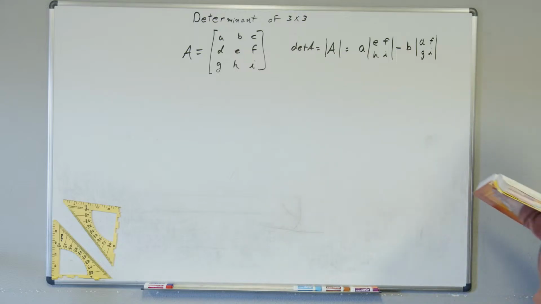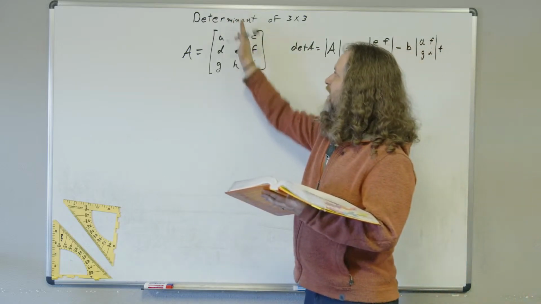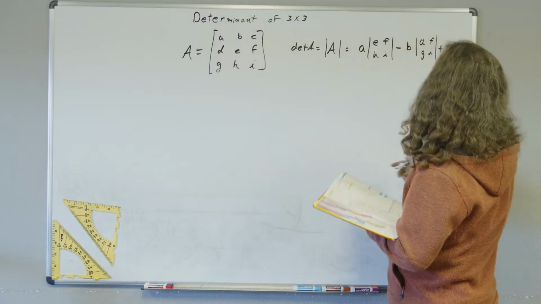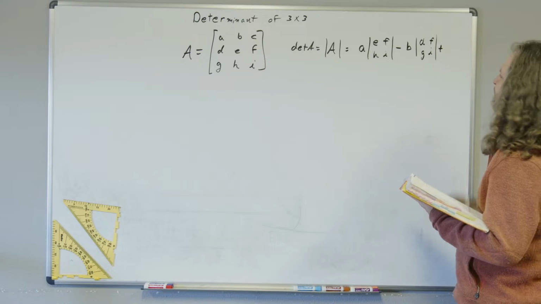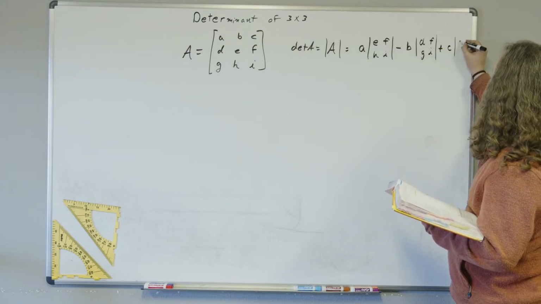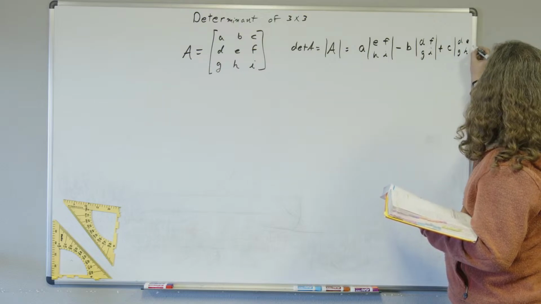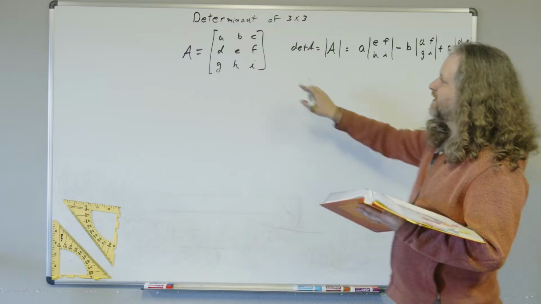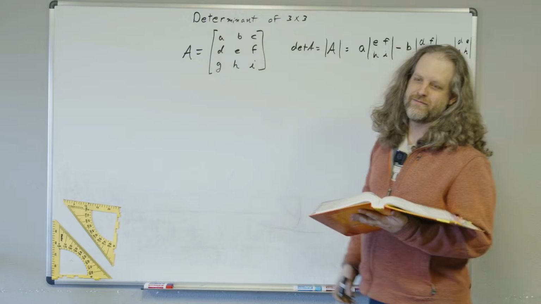Yeah, chopped out the middle. Plus C, we chopped out where C is, and then the determinant of those. What do you think the last one's going to be? C times this determinant. The C would be the outside one, and then we chop that off, and it's the one that's left.